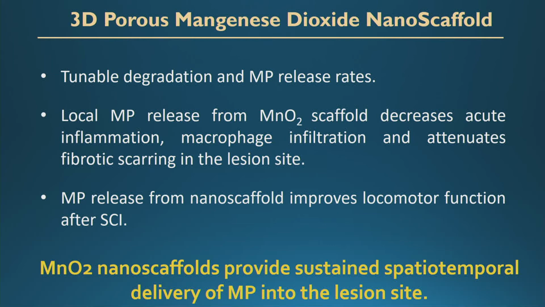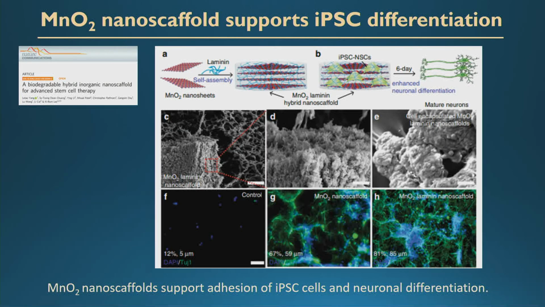I also want to show you other works involving this material. So this material is actually having a lot of attention from other groups. This is a recent work published, our collaborators published this work, and in here they showed that this very same nanoscaffold supports differentiation of iPS cells into neurons.